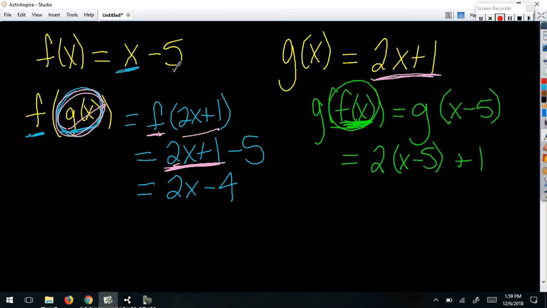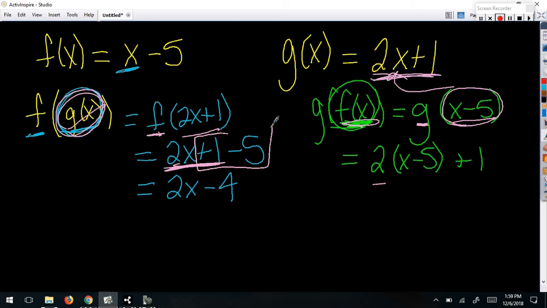Whatever's in parentheses completely takes the place of x. So same thing here. F of x is x minus 5, right? So I look at g, and everywhere there's an x, I replace it with x minus 5. So 2, not x, but x minus 5, plus 1. Are you back on the blue?